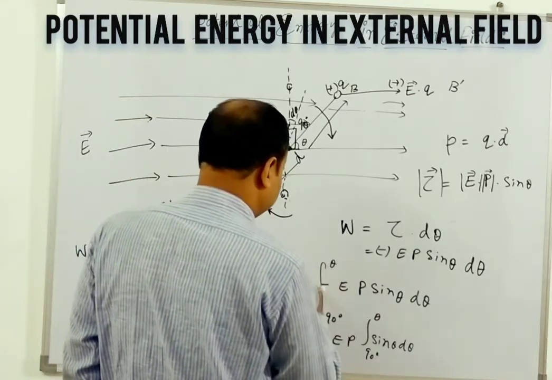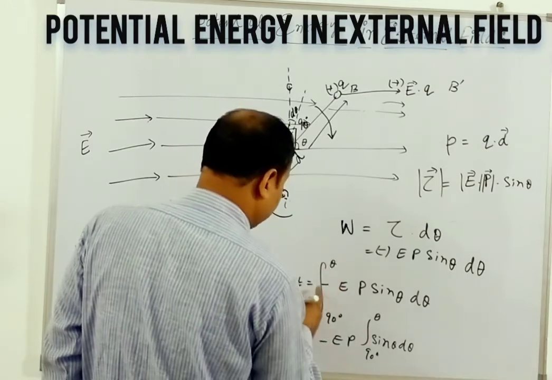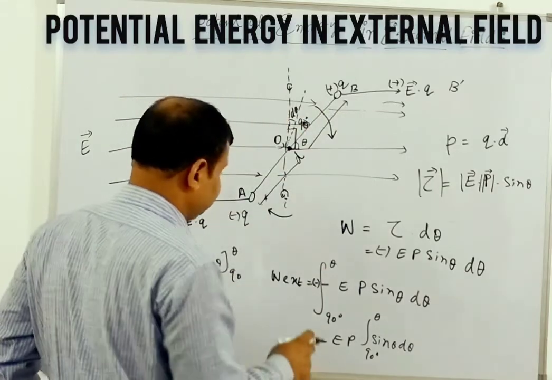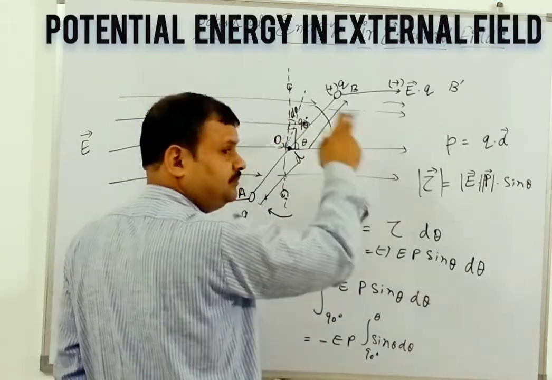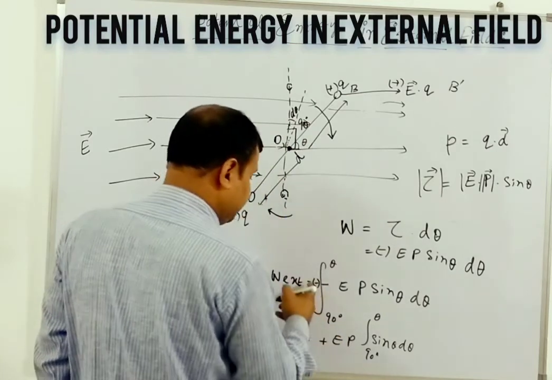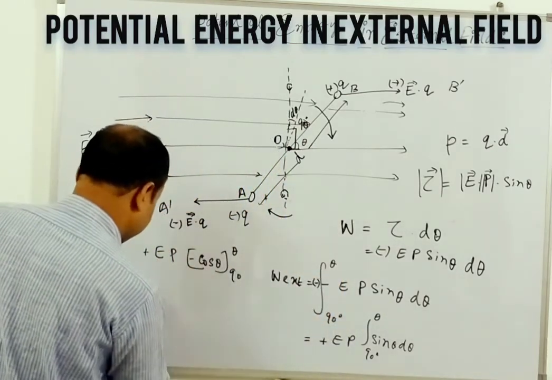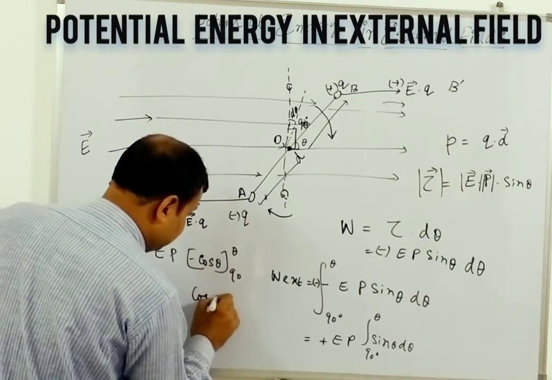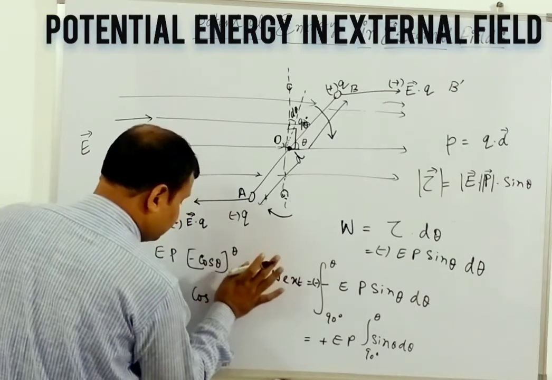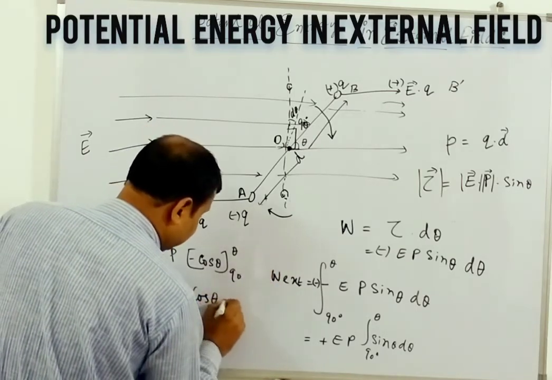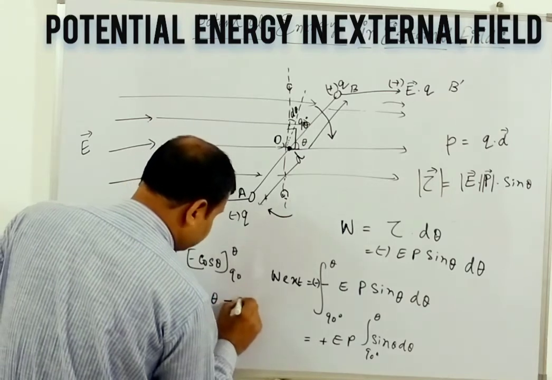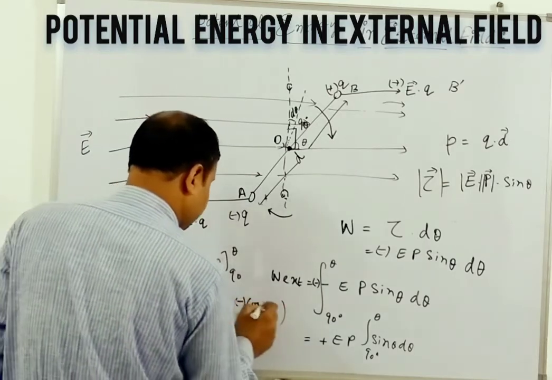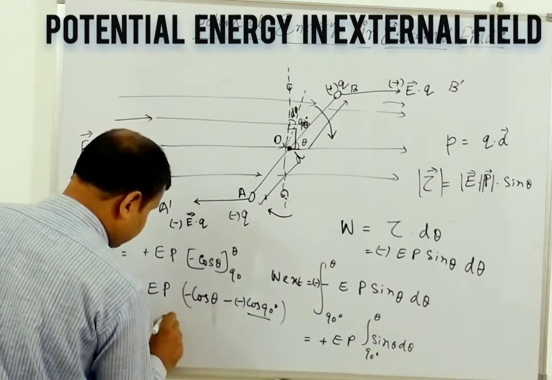The external work needs to be negative of this, because we work opposite to the torque tau action, so this becomes positive, EP times cos theta minus cos 90. Cos 90 is 0, so this is minus EP cos theta.